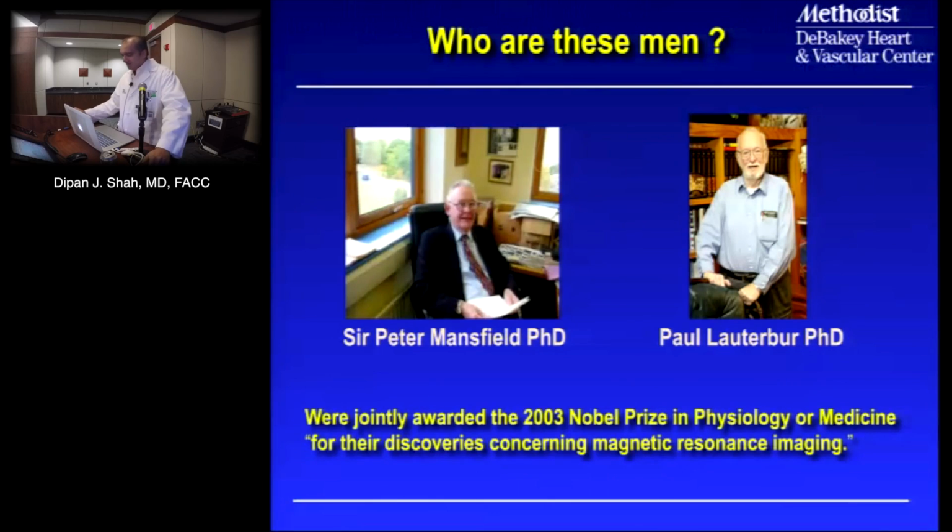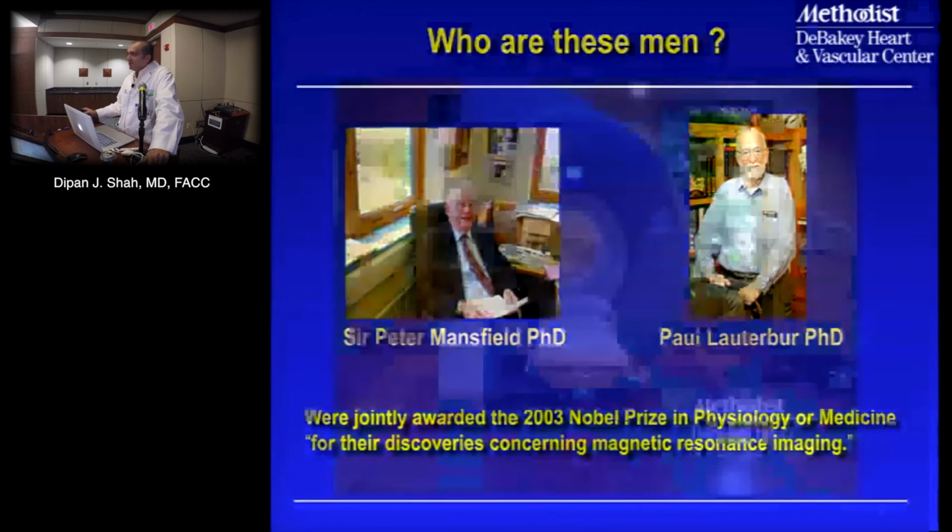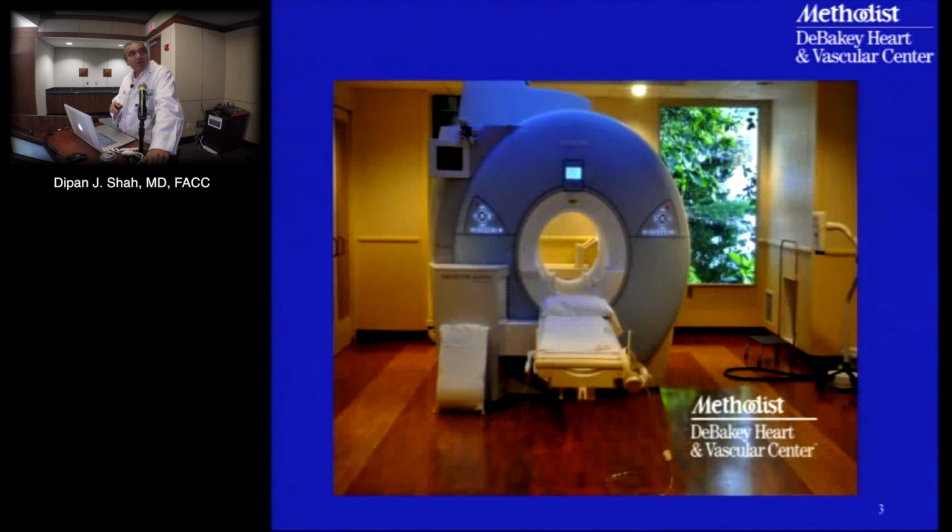I guess MRI is not as hot as intervention. But the prize was in 2003, while the work they did was really in the 1970s, okay? So it gives you an idea of how long the field has been around and how it's evolved over time.